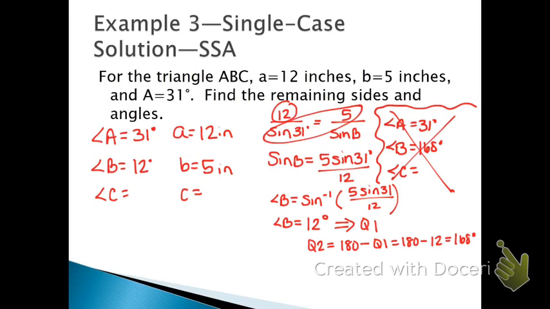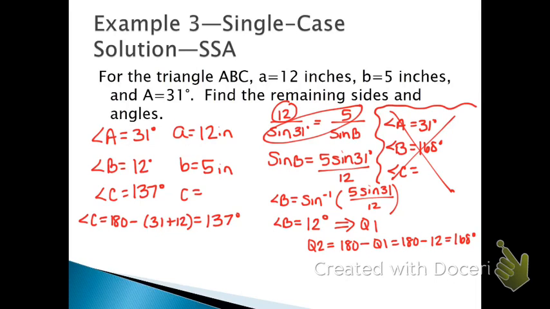And from here, it's just like what we did on the others, because we can find angle C. That's 180 minus the other two angles added together. And we get? Good. And then we can use our law of sines to find side C. Now, do I want to use the information from my A's or my B's to find side C?